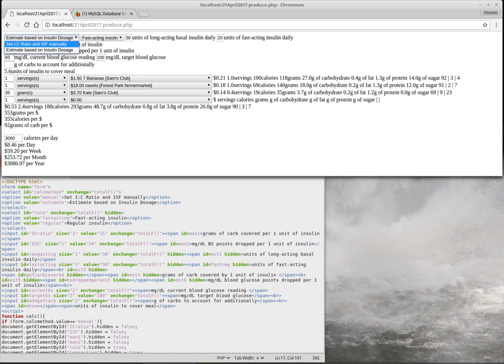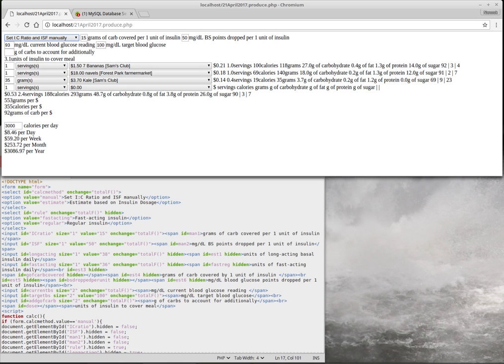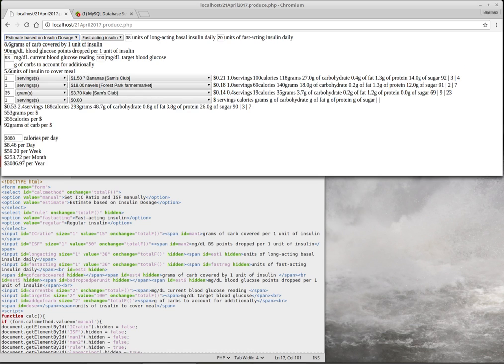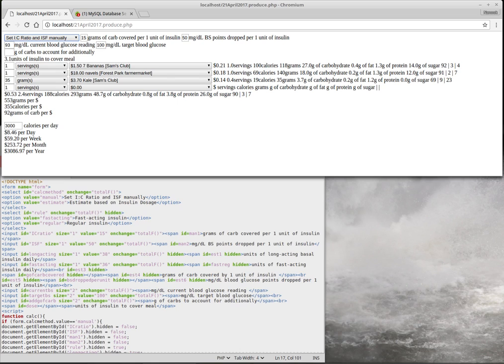And then, if you put in your insulin to carb ratio and your insulin sensitivity factor, you can do that manually. Your doctor would give you a formula, and those numbers would be in the formula. But you can also calculate based on the number of insulin units you take a day, and it'll give you a readout of the difference between the two formulas.